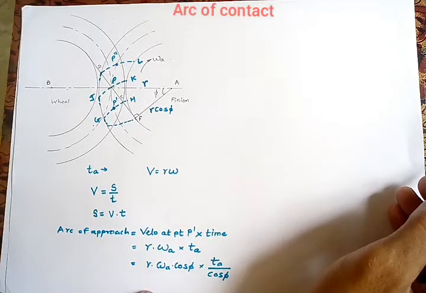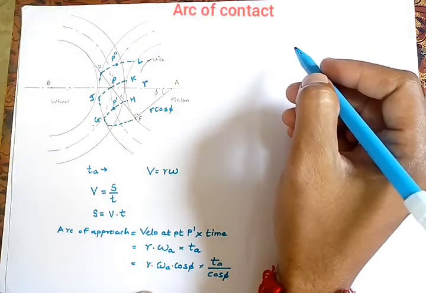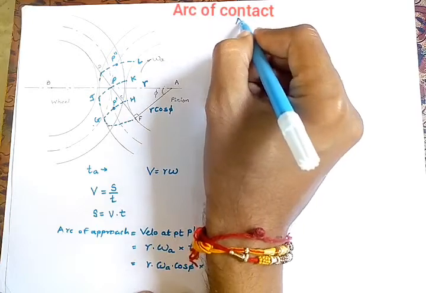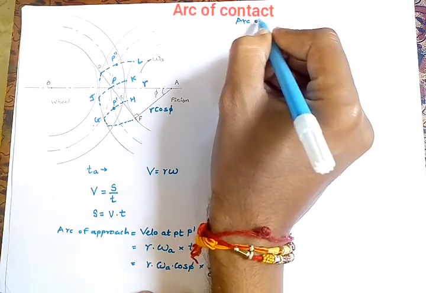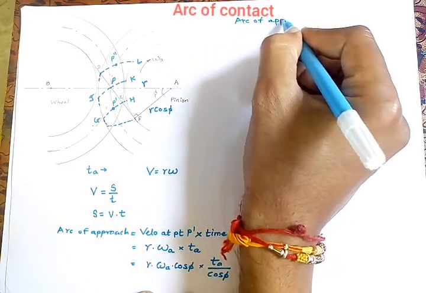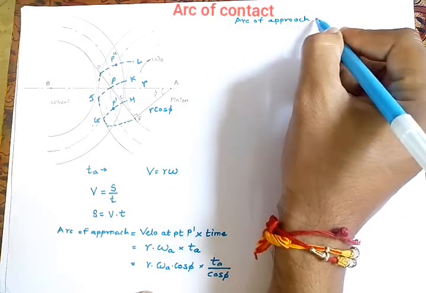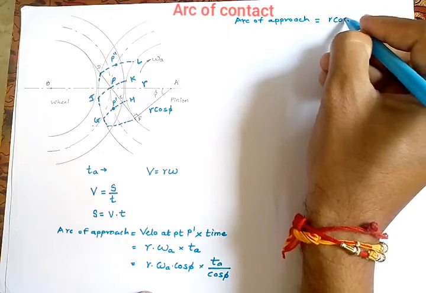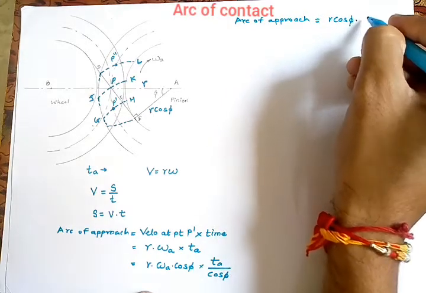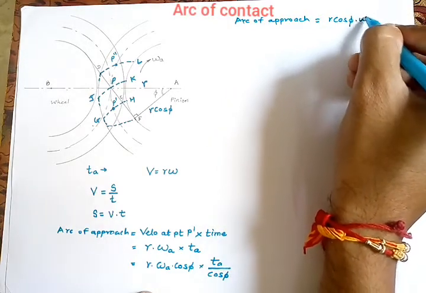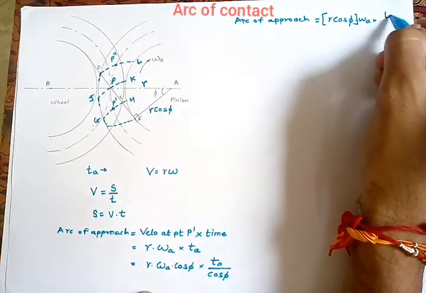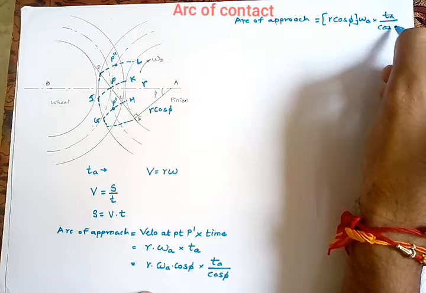So we are going to get what? The arc of approach will be equal to r cos phi into omega A into TA upon cos phi.